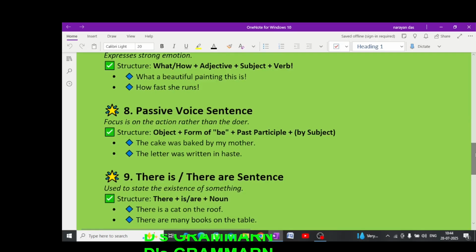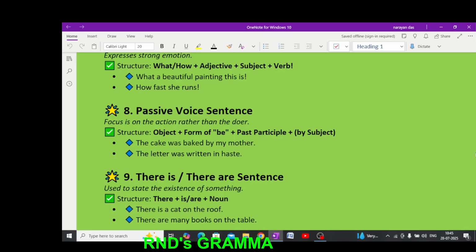Now I have the passive voice sentence, that is, the passive format. Its focus is on the action rather than the doer. So the definition tells us a passive sentence focuses on the action, not the subject or doer.